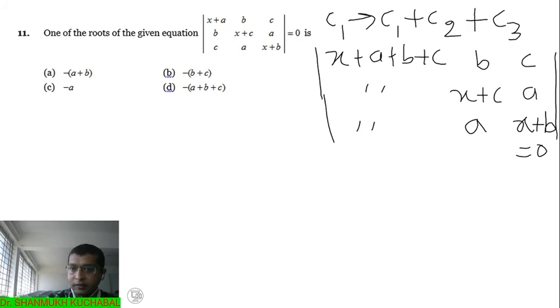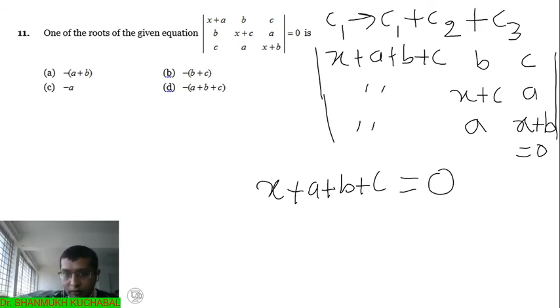I take x plus a plus b plus c as a common. Inside we get 1 1 1, that I am not writing. Now the RHS I take equal to 0.